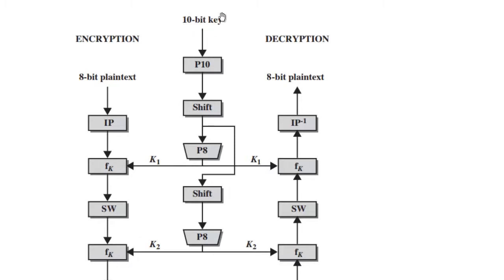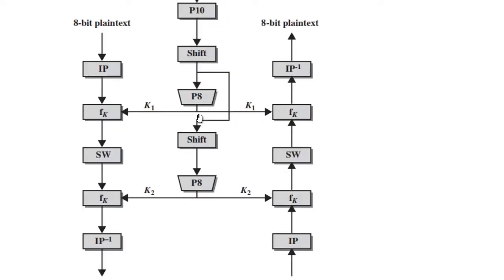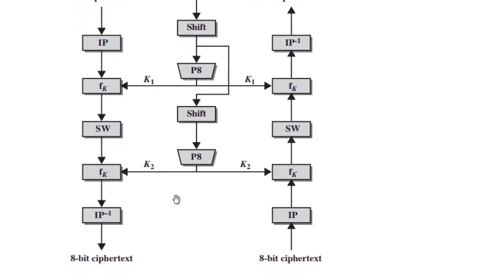This is the secret key, and it is only one key because it is a symmetric key algorithm, so it is used for both encryption and decryption. The other side of the block shows the encryption process. Here P10 is the permutation and shifting, where I generate K1, which is used for encryption and decryption. Similarly, a double shift gives K2, which is also used for encryption and decryption.